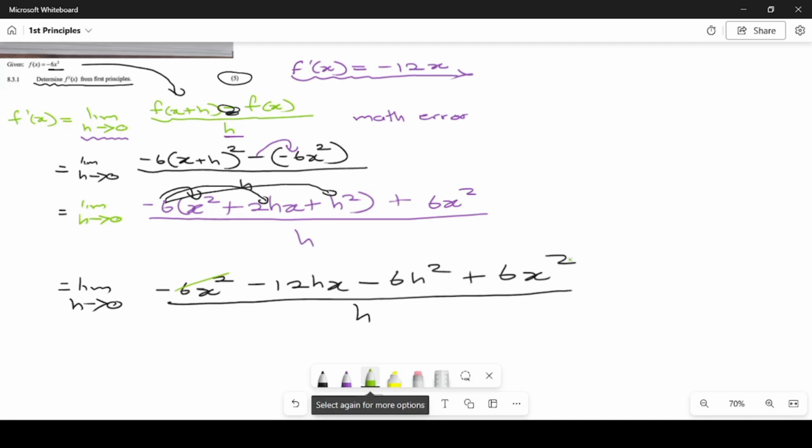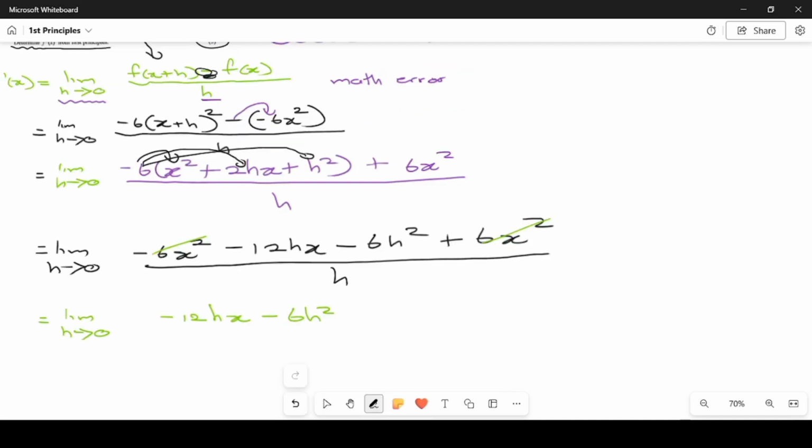So now you're just going to continue and say is equal to lim h approaches 0, right? Now since that cancelled, you're going to have minus 12hx minus 6h squared. We are dividing by h.